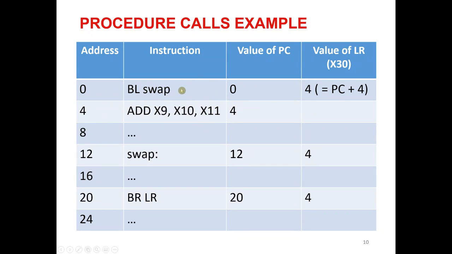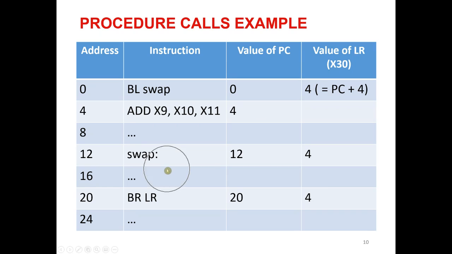What will happen here is that when I execute this instruction, instead of going to the following instruction, I will go to the swap instruction, which is in address 12. Apart from jumping from here to here, this instruction will also record that the next instruction, once the procedure finishes, is in address 4. So I save address 4 in register 30.